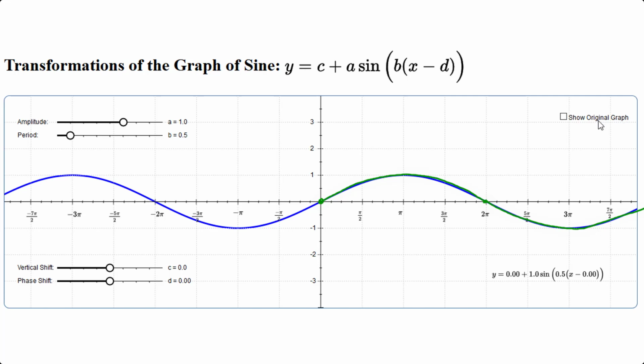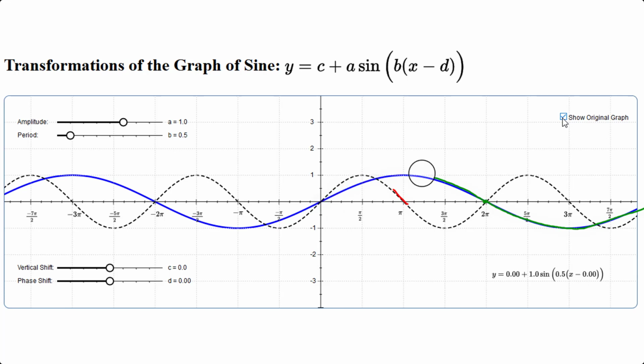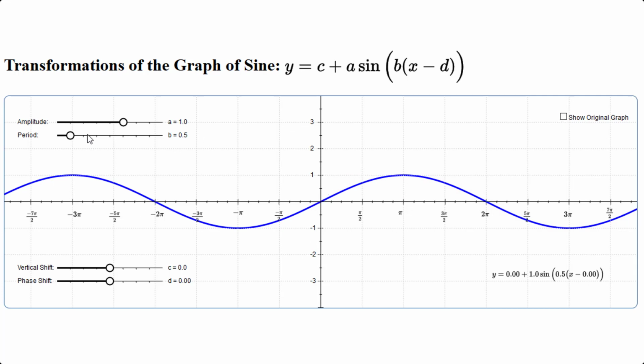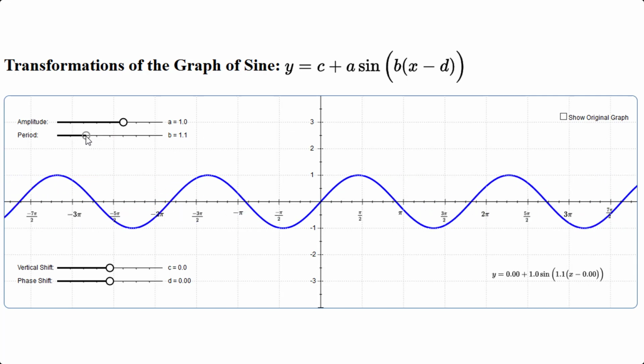And if you show the original graph there, you can tell I've only done basically this portion right here by the time I got to 2 pi. So only half of the cycle has been completed. Okay, so that's how the period works. Let me get back to the original here.